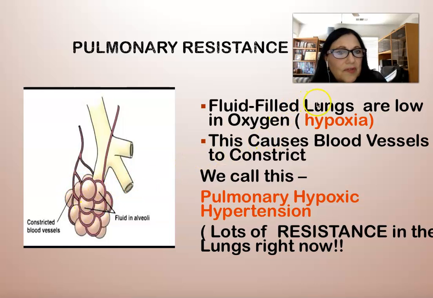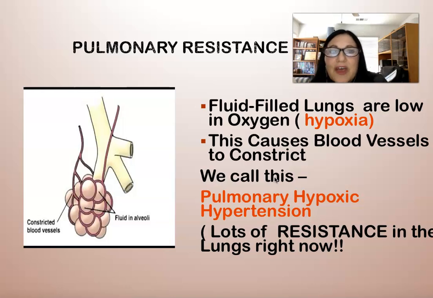So the condition we have in the amniotic fluid is low oxygen, and we call that hypoxia. So what that's going to do is cause the large diameter blood vessels to constrict. Okay, and that's going to cause something called pulmonary hypoxic hypertension, and that's going to cause resistance.